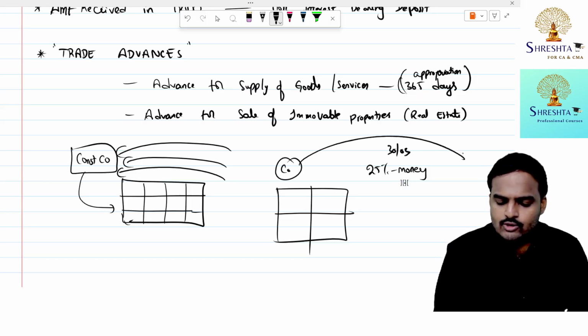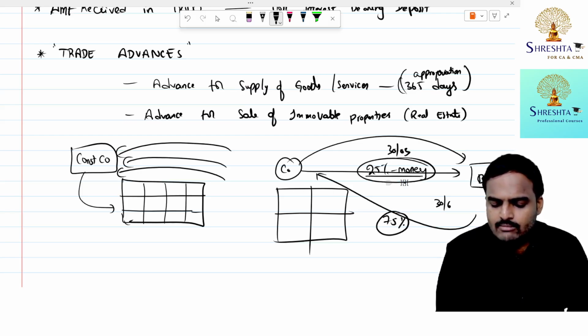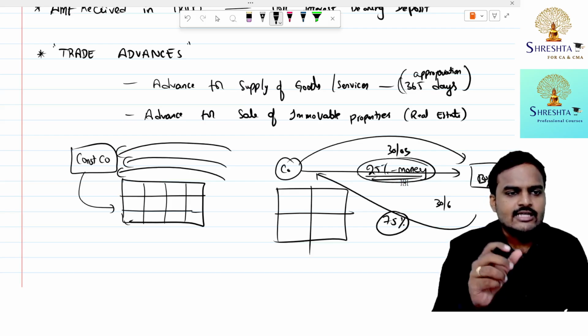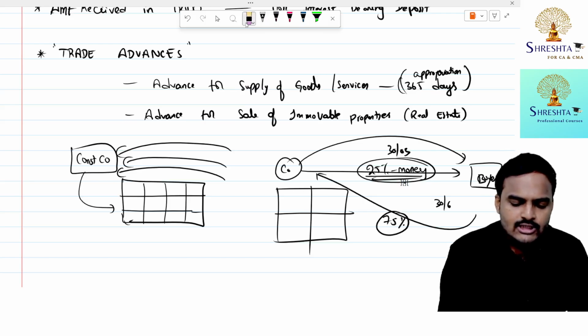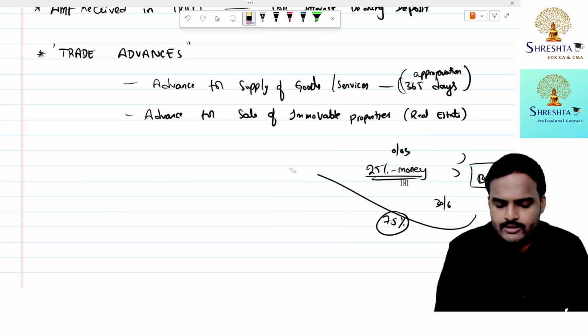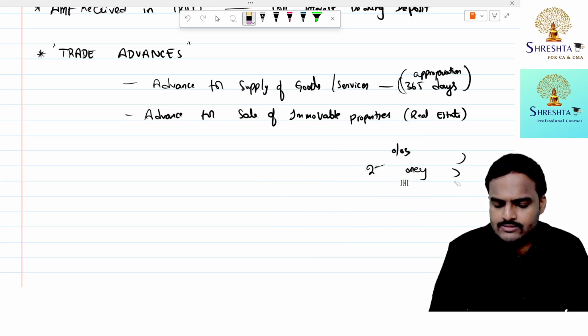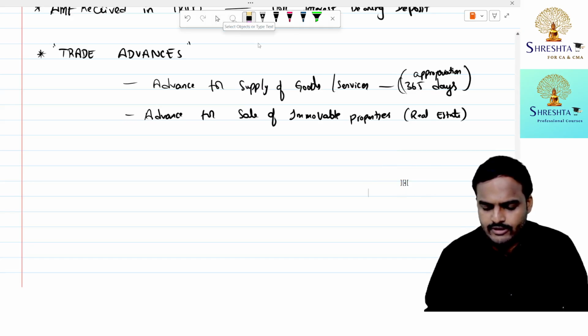After 3 months, that means next year 30th June, the company will get the remaining 75% money. After getting 75% money, the company will transfer this immovable property to the buyer. Now, this 25% money which the company received in advance against the sale of immovable property is not treated as a deposit. It is just a trade advance. Understood? Everyone?